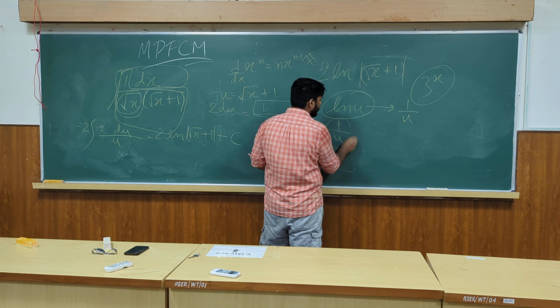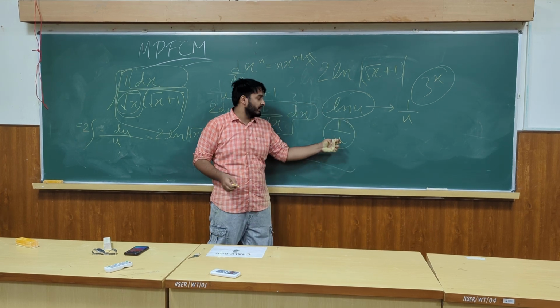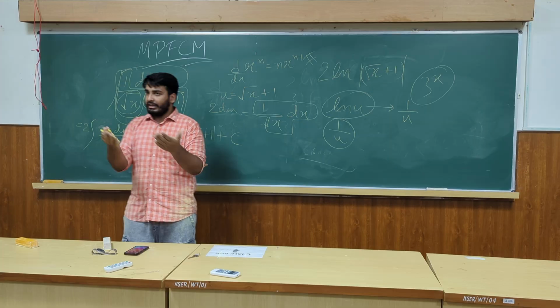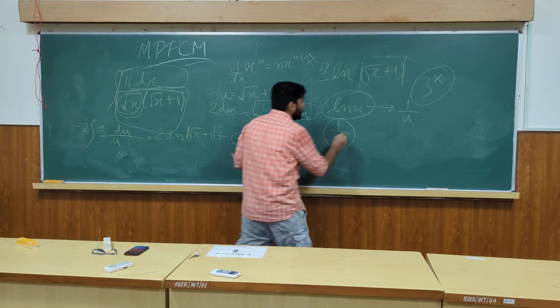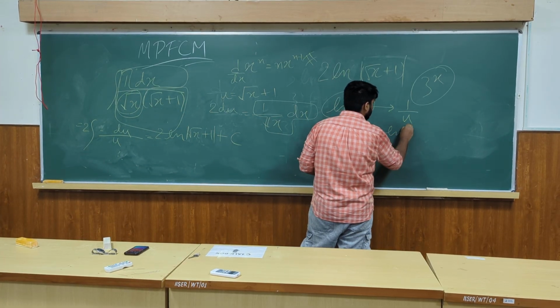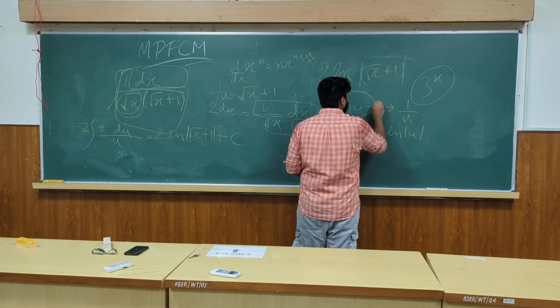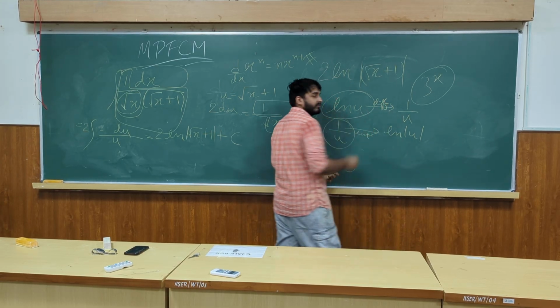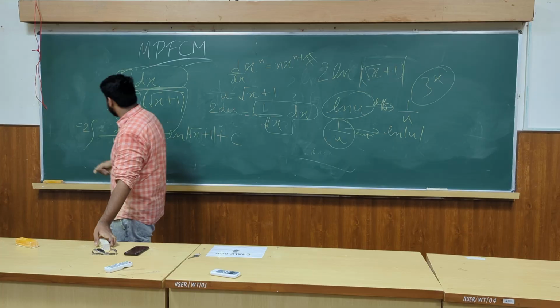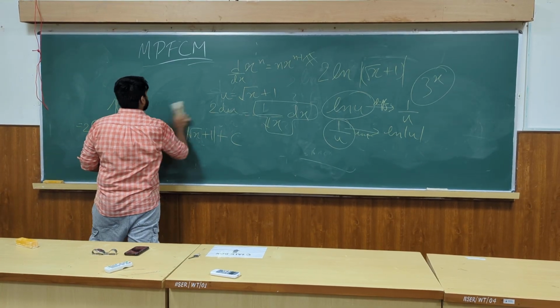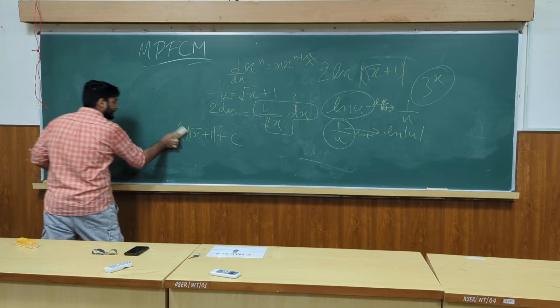But when I write 1 over u, it is not explicit that u is positive, so we must always consider both the cases where u is positive as well as negative. Here we are integrating, here we are differentiating. So that is a small subtlety there, but very close to the answer. I like it. Let us see what lies ahead.